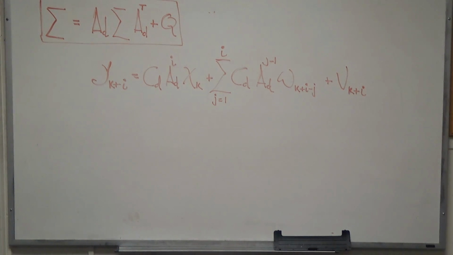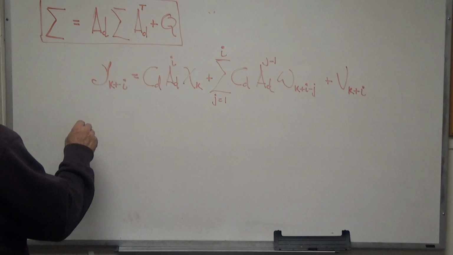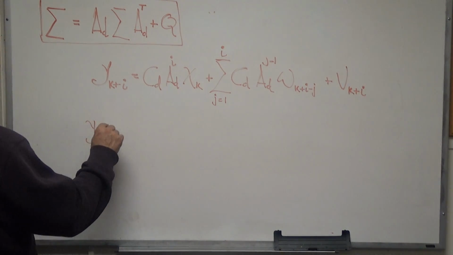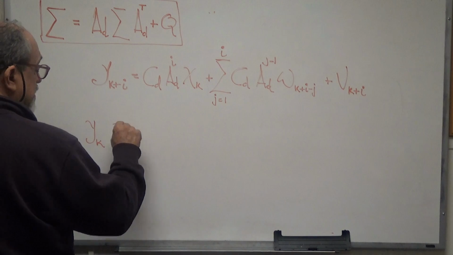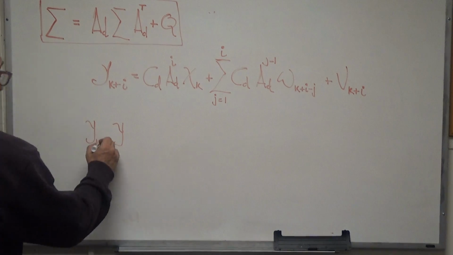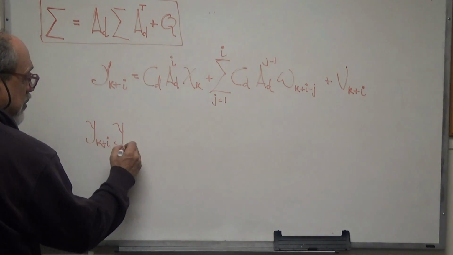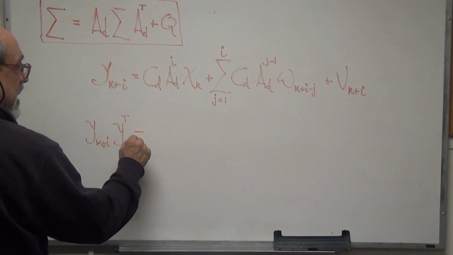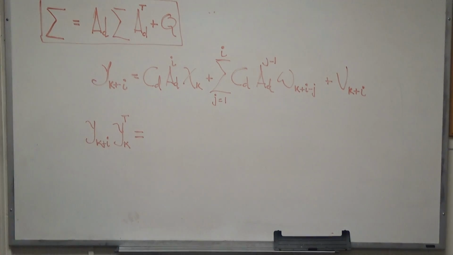Now, once we have y at k plus I, we want to say what is y at k plus I multiplied times y at k transpose. Let me make sure which order I used. Yes, y at k plus I multiplied times y at k transpose. What is that equal to?